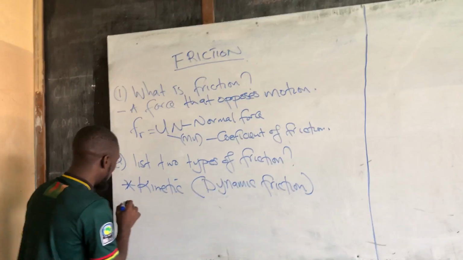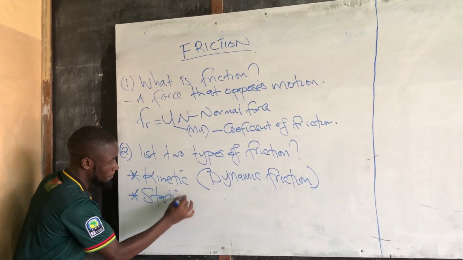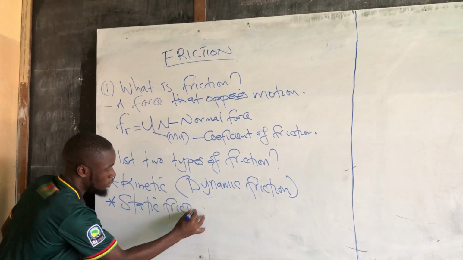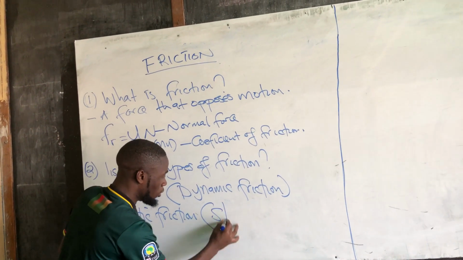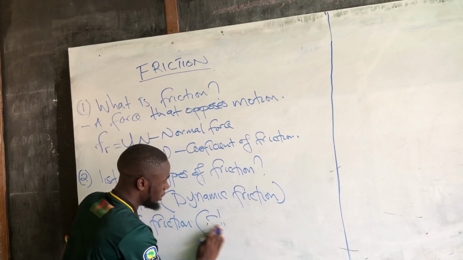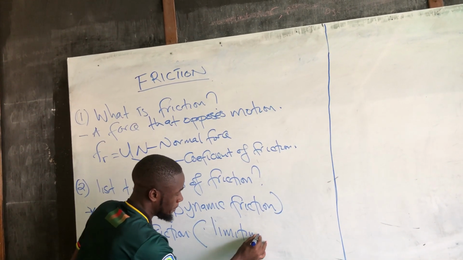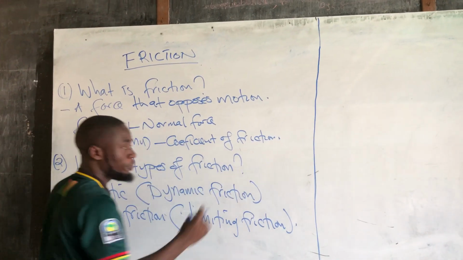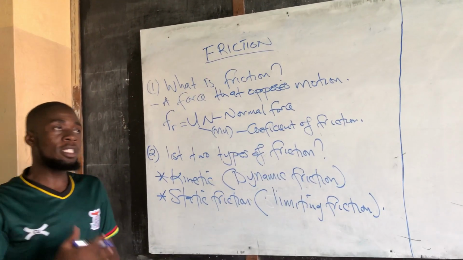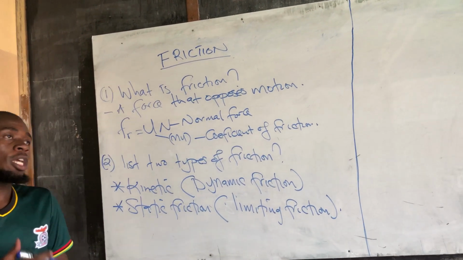Number 2 is static friction, which can also be called limiting friction. The word static means not moving, so this is the type of friction possessed by a body that is not moving.